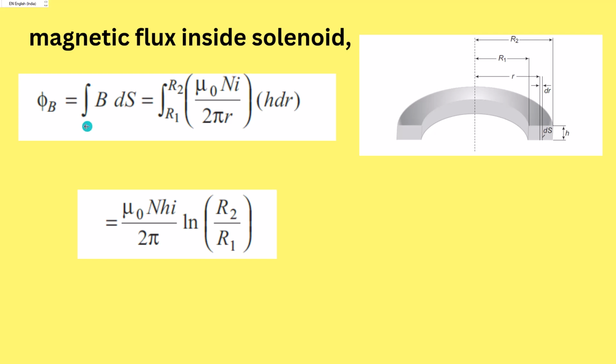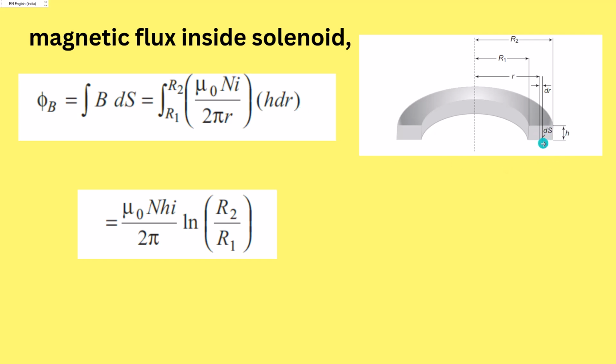So the total flux inside this toroid is the integration from r1 to r2 of mu 0 N I by 2 pi r, h dr. Now we represent dS as h dr, h times dr, right?